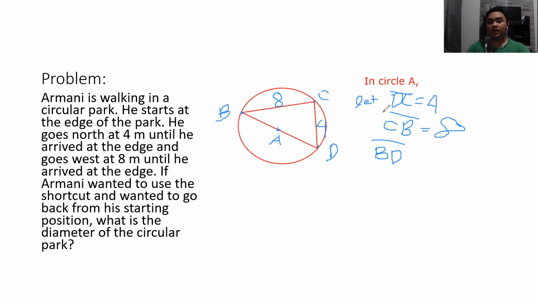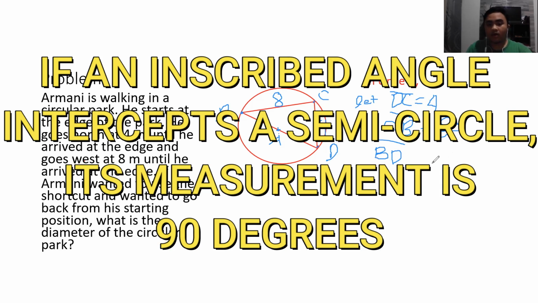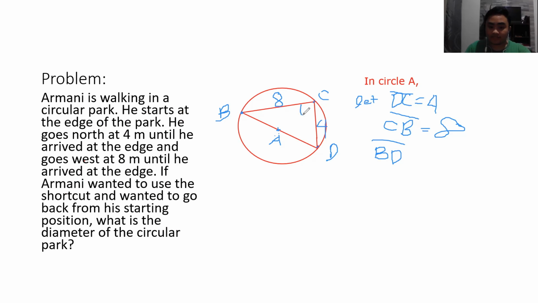So with that problem, we are using the semicircle theorem. Why? The semicircle theorem states that when an inscribed angle intercepts a semicircle, then it is a right angle. Therefore, this is the right angle. Why? Again, that is an inscribed angle, right? It intercepts the semicircle, which is this.